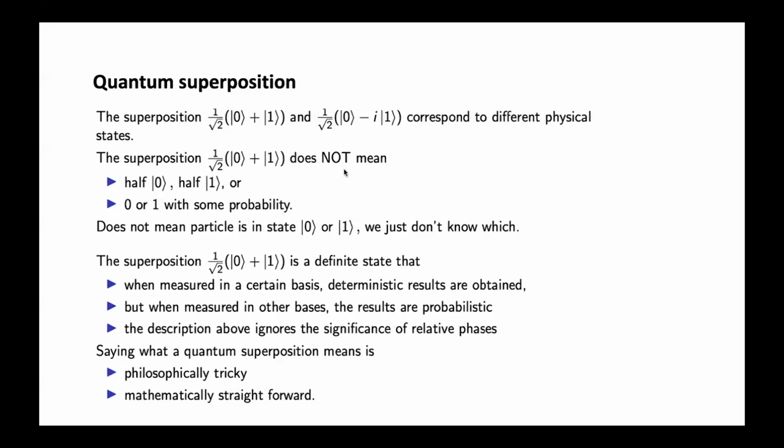So what I'm trying to say is that this superposition is a definite state that, when measured in a certain basis, deterministic results are obtained. So it is not as vague as one would imagine. But when measured in other bases, the results are probabilistic. This description ignores the significance of relative phase, and this is something that we're going to see some examples of later on.